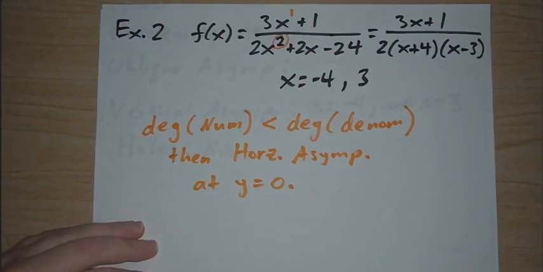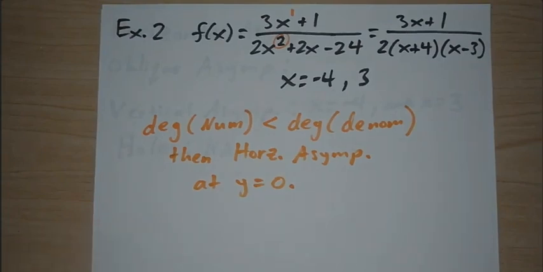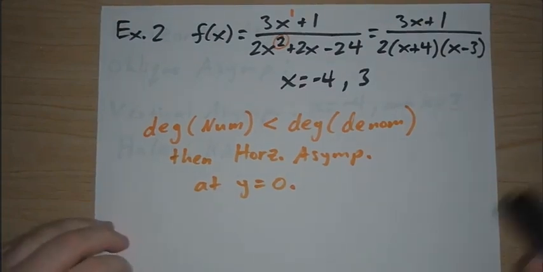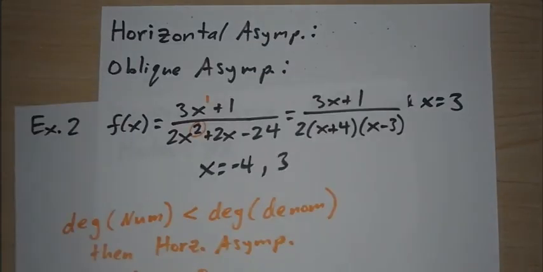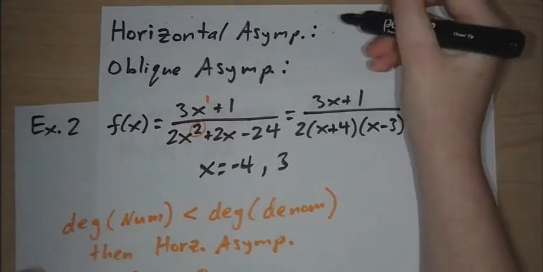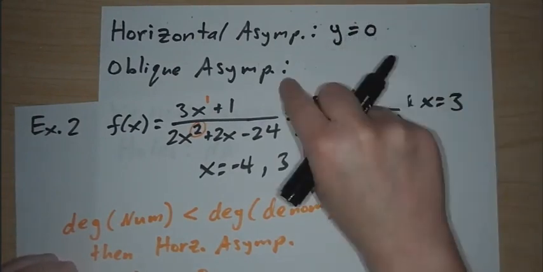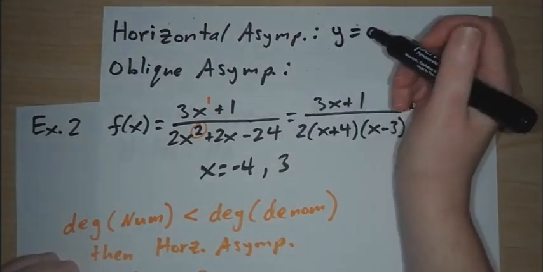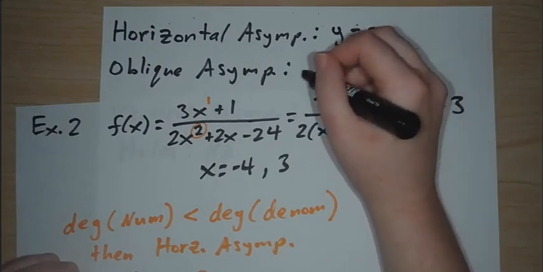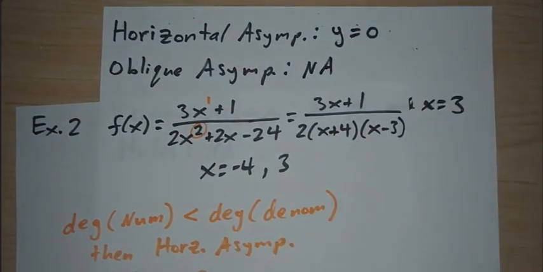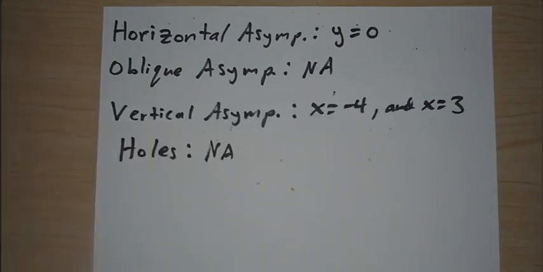And this is just a rule. So we have a horizontal asymptote at y equals 0. And we do not have an oblique asymptote because we have a horizontal asymptote. So we have found all the attributes of this function.